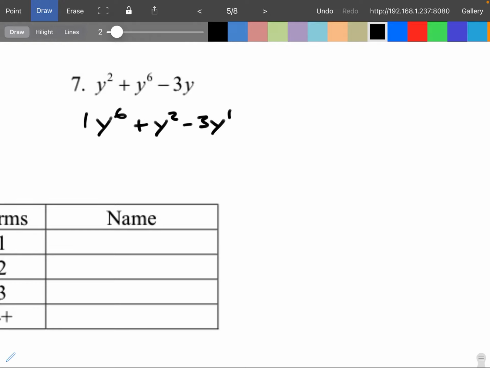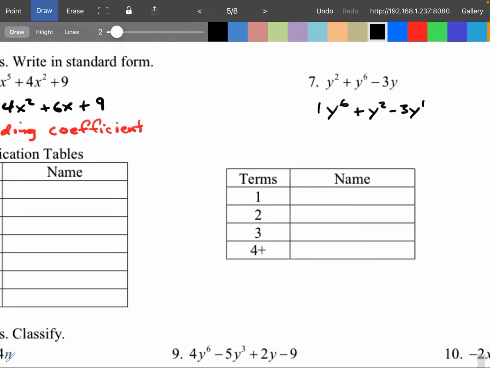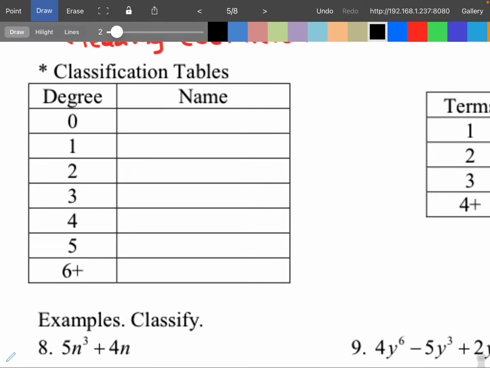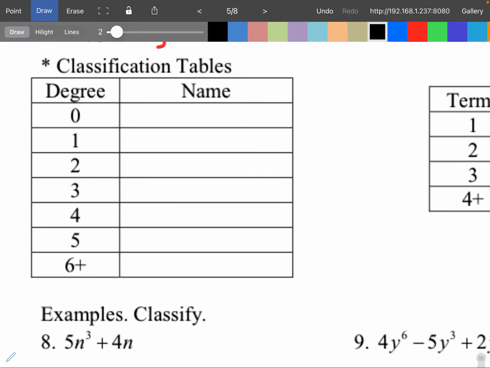All right, and then the last part of this, you just have to be able to name these things. So we have to fill in these charts. If it's degree 0, the polynomial is called a constant.